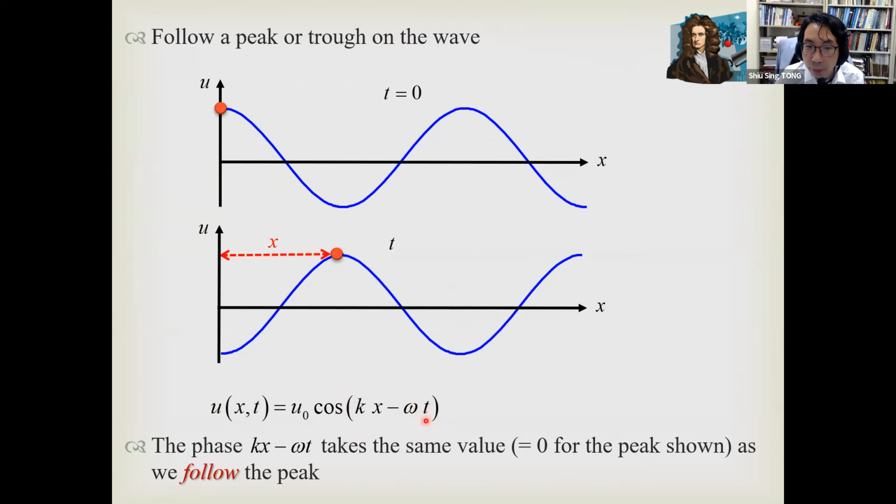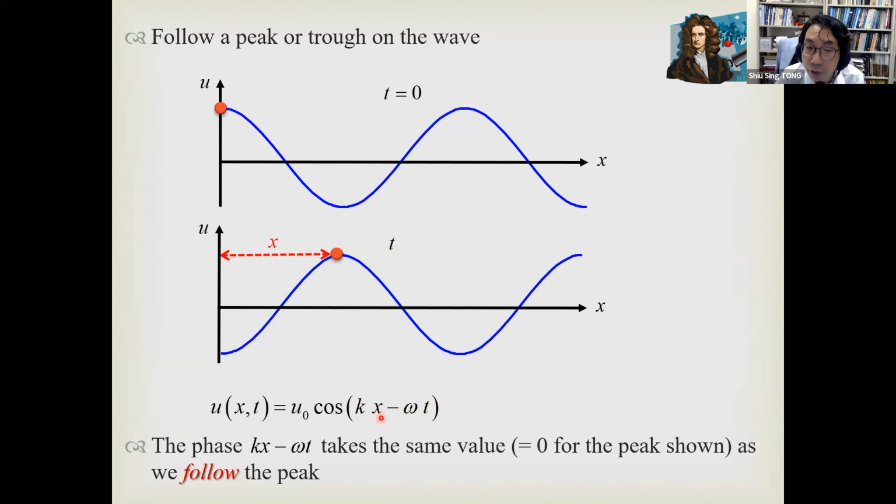Now, when t is 0, it's simply kx, right? And so x equal to 0 corresponds to this peak, which is denoted by a dot, the red dot. But when t is larger than 0, for general time t, the peak is no longer at the position x equals 0 because it's moved forward.